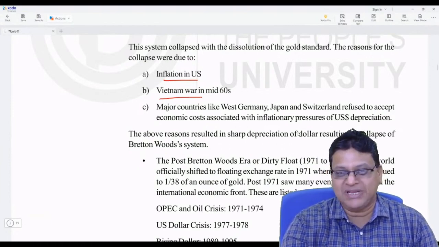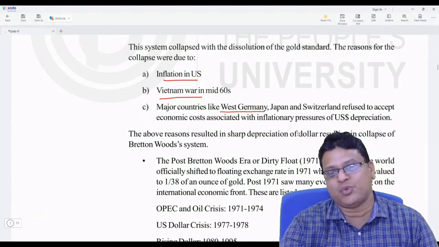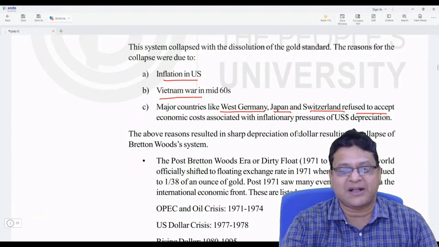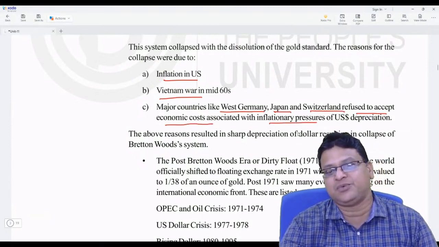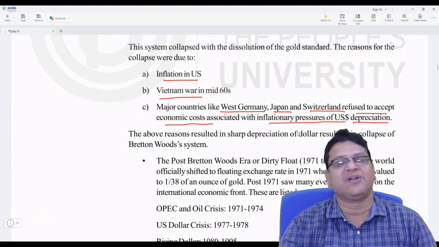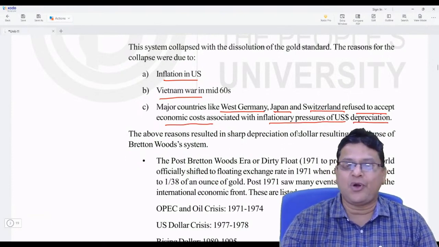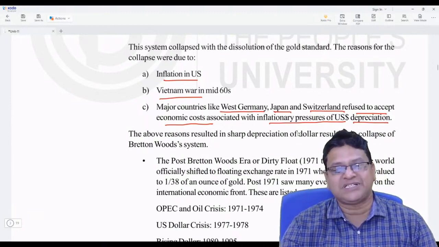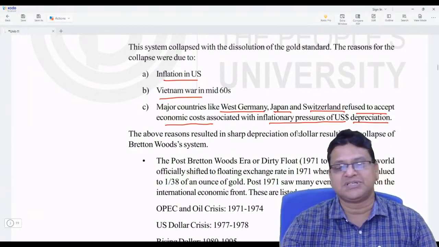Next, other major economies like West Germany, Japan, and Switzerland refused to accept the economic cost associated with the pressure of the US dollar. They said that we will not follow the US dollar and will not peg our currency in relation to the US dollar.